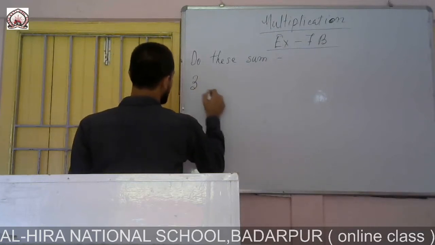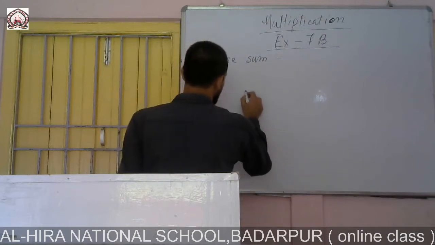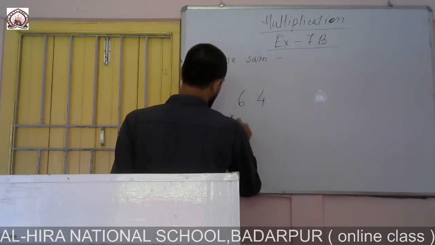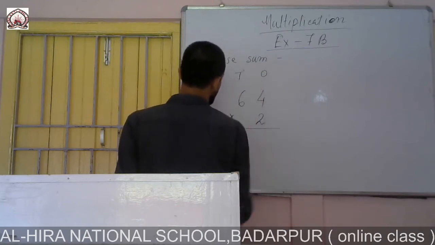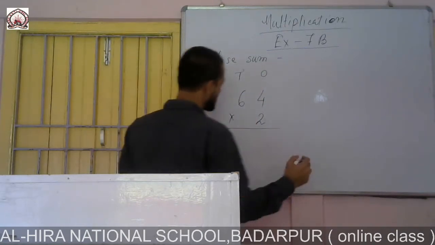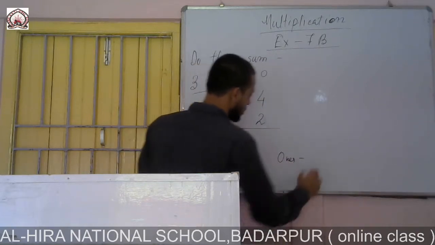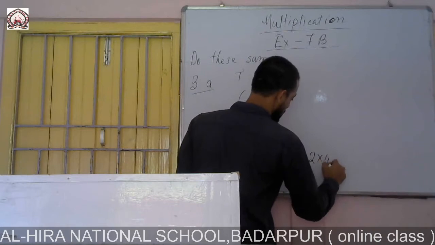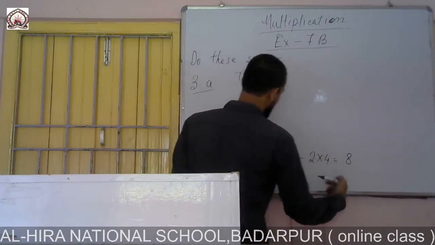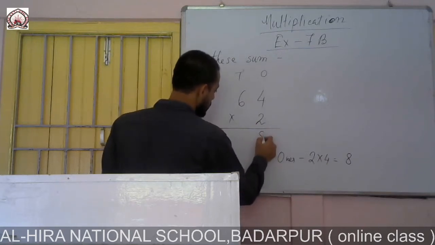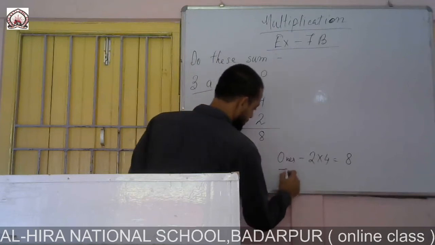Now question number 3a. 64 multiplied by 2. So like earlier, this is the ones place and this is the tens place. So we have to multiply ones place at first. So in ones place we will get 2 into what? 4. So 2 fours are what? 8. So this 8 will come to ones place. Now we have to multiply 2 into tens place.